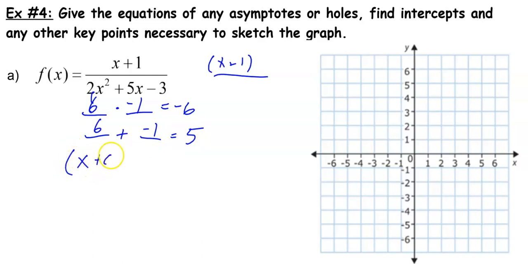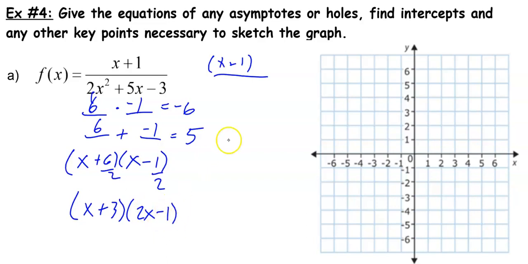So then we have x plus 6, x minus 1. Divide the values by the lead coefficient. So we're going to have x plus 3 and 2x minus 1. Boom.